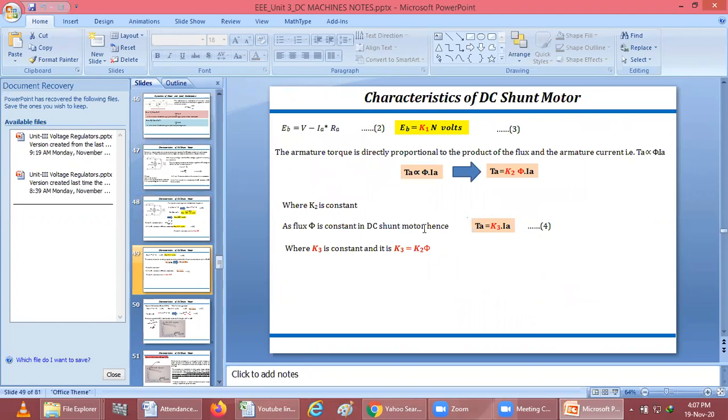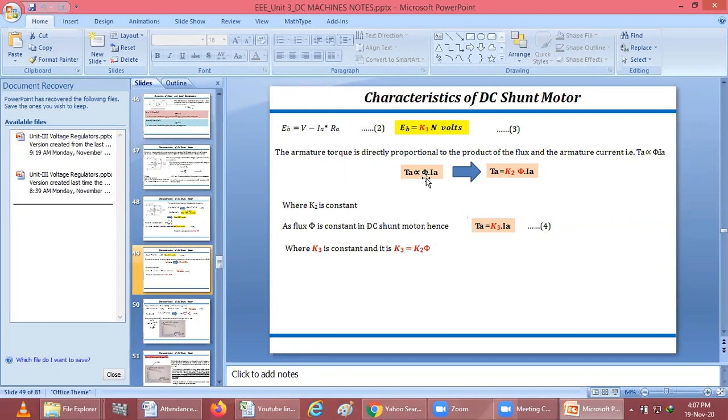Firstly, the equation for the voltage across the DC motor gives Eb equal to V minus IaRa. And you also have Eb equal to K1N.